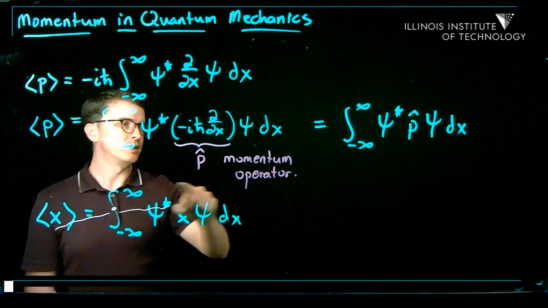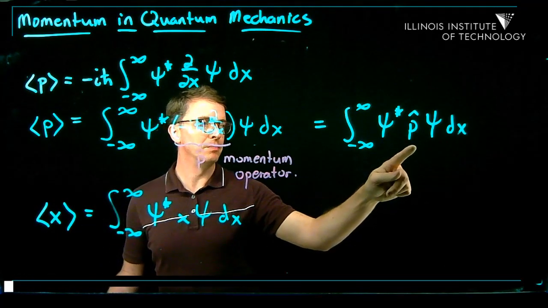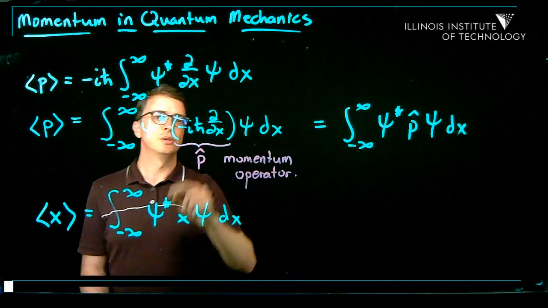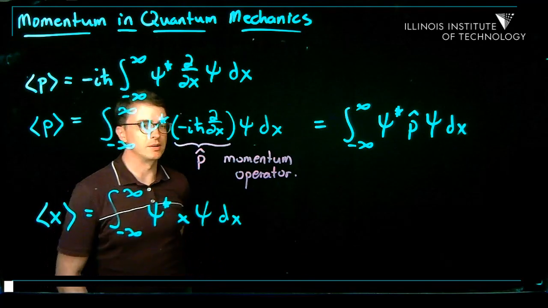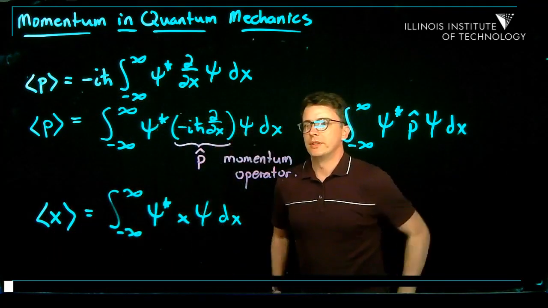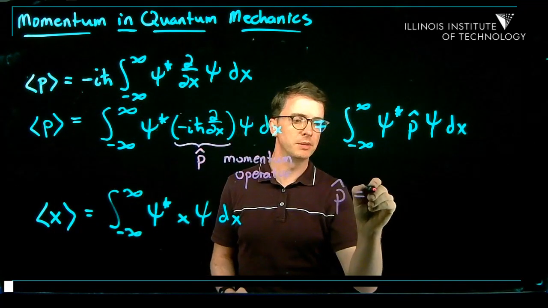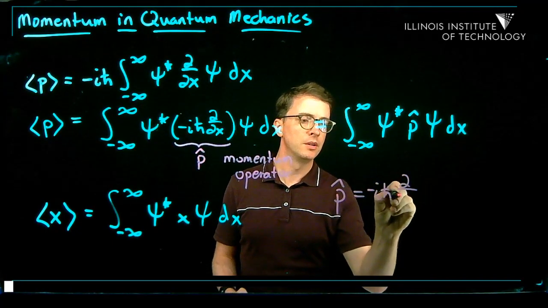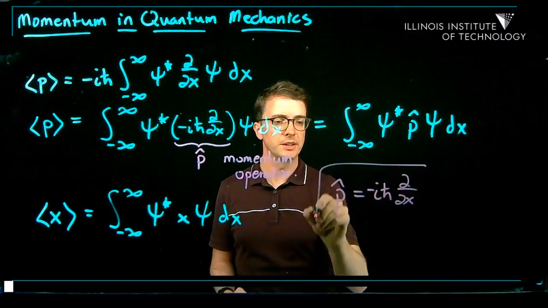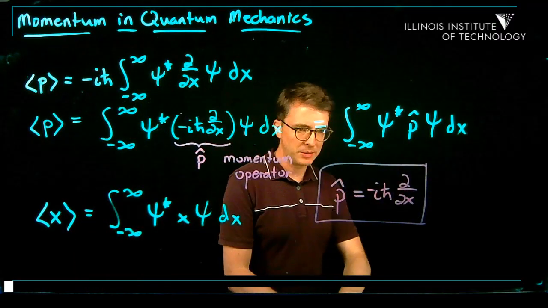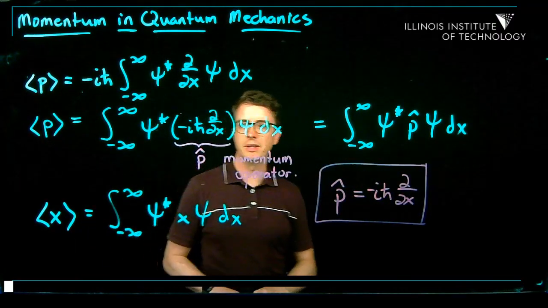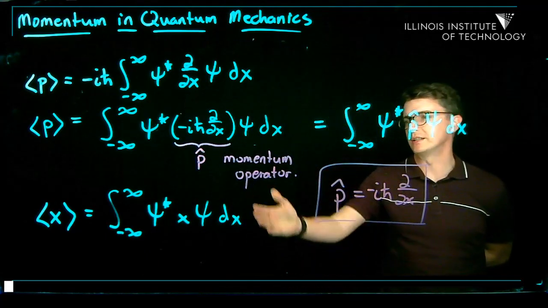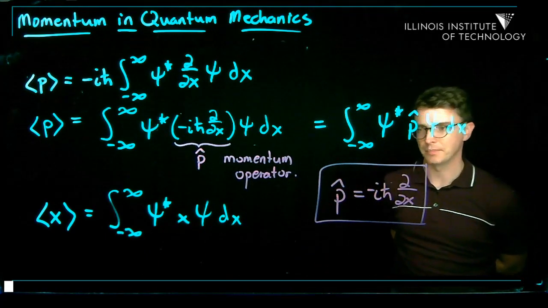But for momentum, the thing that goes in between is not just p, but this operator p hat, which is minus i h bar d by dx. So this is very important, called the momentum operator, minus i h bar derivative with respect to x. So we've talked about how to calculate the average momentum. We have a prescription here, and we've identified this thing called the momentum operator.